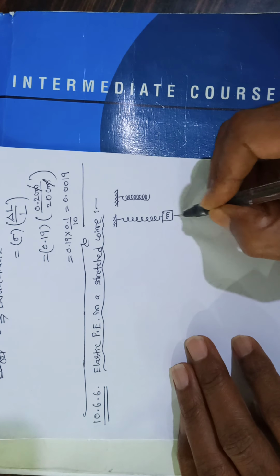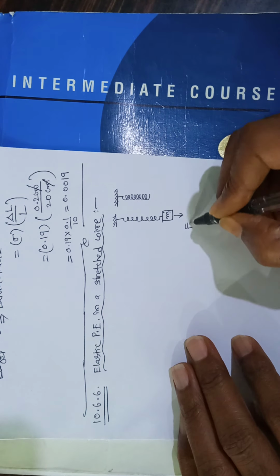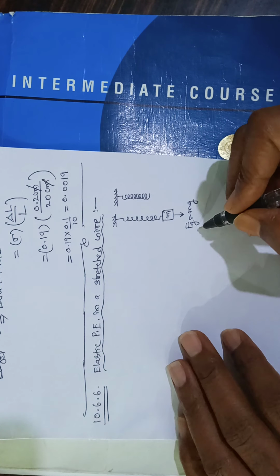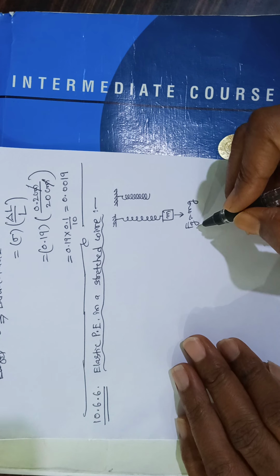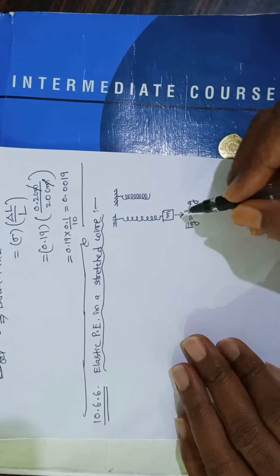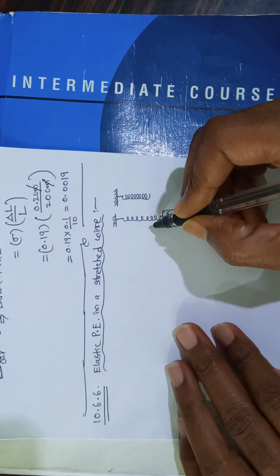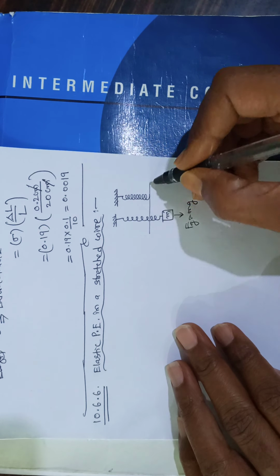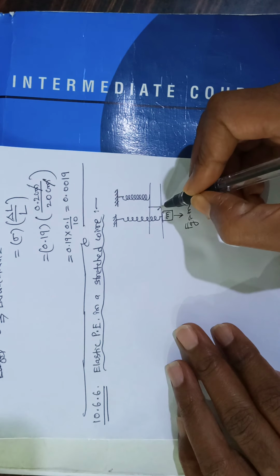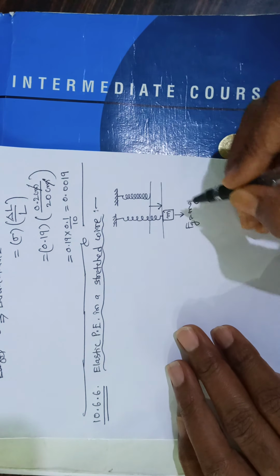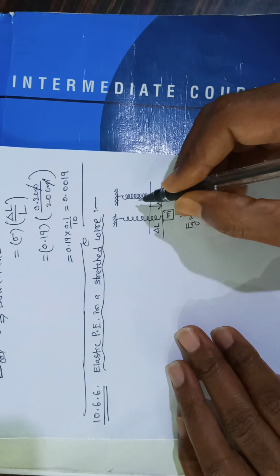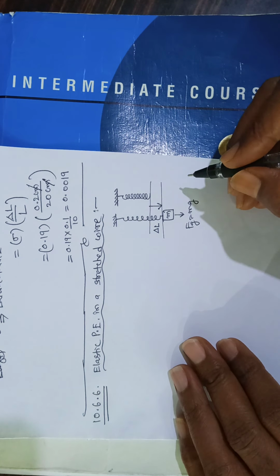On the mass, a gravitational force will be working, and this behaves like a deforming force. This force stretches the spring so that there is an elongation. The spring stretched by this much amount downward.